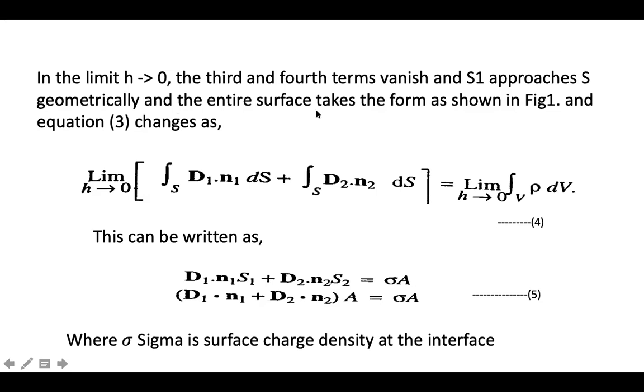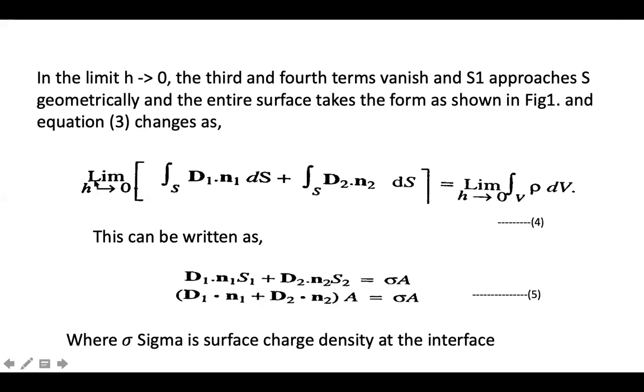The entire surface takes the form shown in the figure, where you have a disk like A. So the entire surface is just pressed like this, it is shrunk, and you have a small surface A instead of the entire volume. Then equation 3 changes like this.